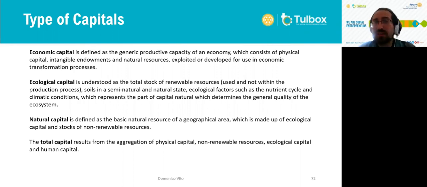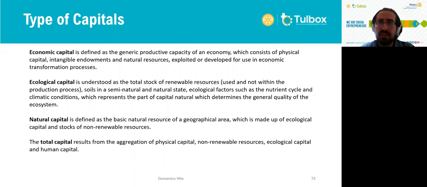But we have not only the economical capital, we also have the ecological capital. That is the stock of all the renewable resources, the ones related to the ecosystem, and to the possibility of the ecosystem itself to renovate such resources.